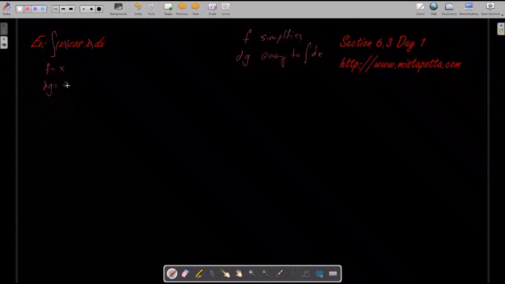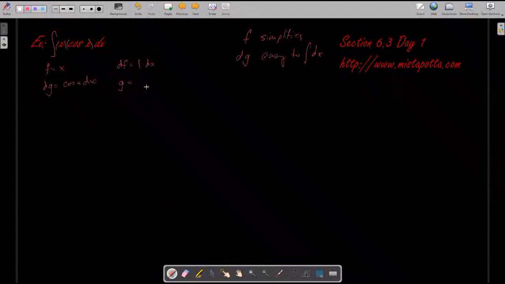And of course, if I want to find out what df is, it's going to be the derivative of x, which is 1. And if I want to find g, I want to take the antiderivative of cosine, which is sine.